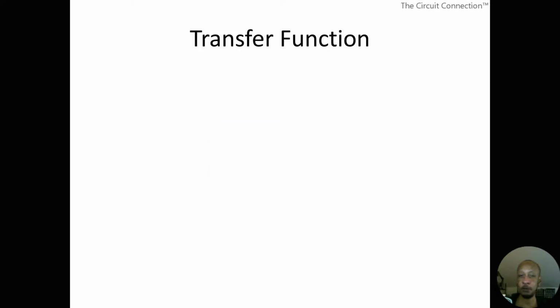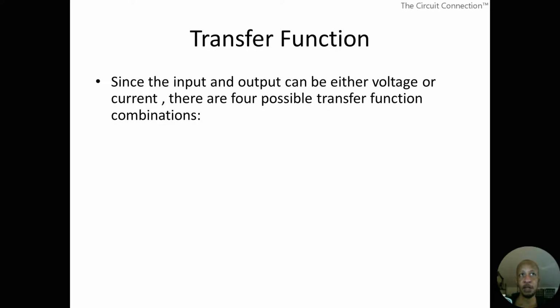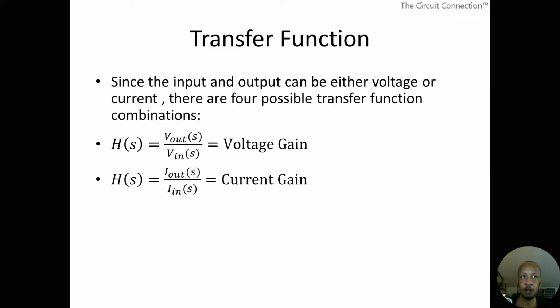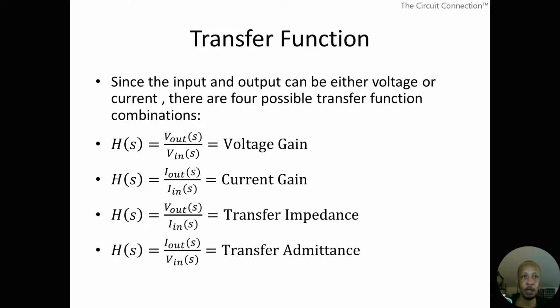So transfer function. Okay, so since the input and output can either be voltage or current, there are 4 possible transfer function combinations. These combinations are voltage gain, which is V out over V in, current gain, which is I out over I in, transfer impedance, which is V out over I in, and transfer admittance, which is I out over V in.